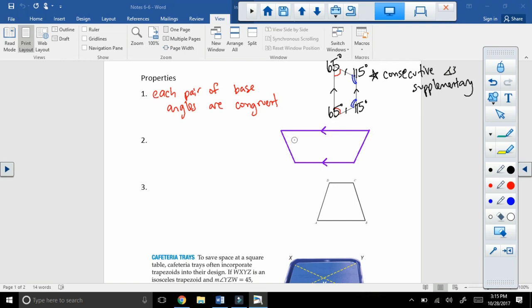For this next one, the property is that you will have congruent diagonals. So if you draw those diagonals in, if this is an isosceles trapezoid, the diagonals will be congruent.